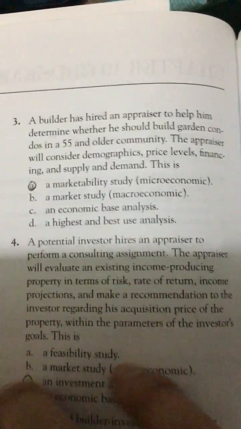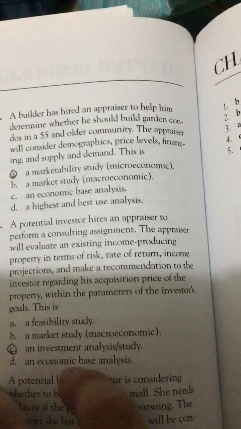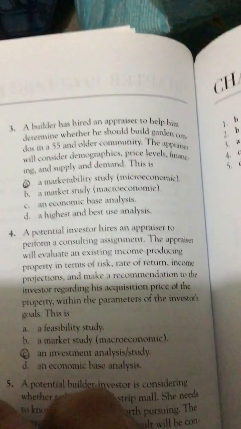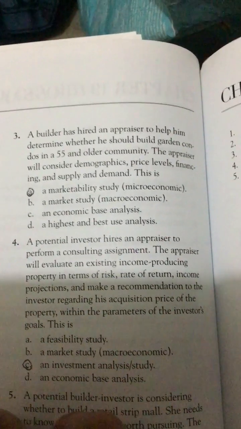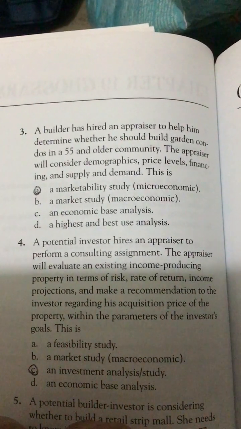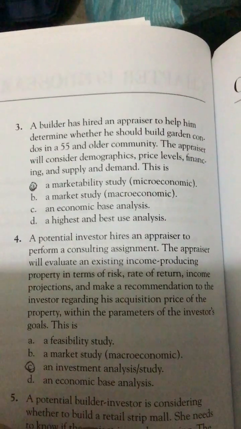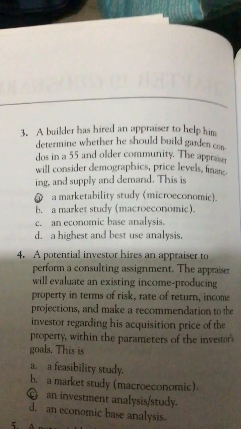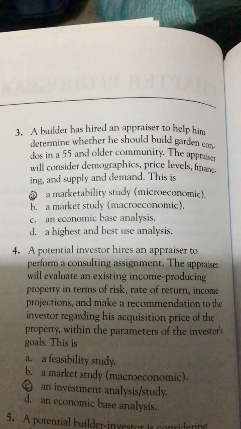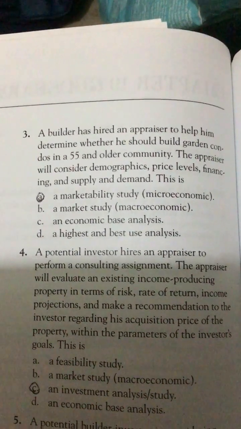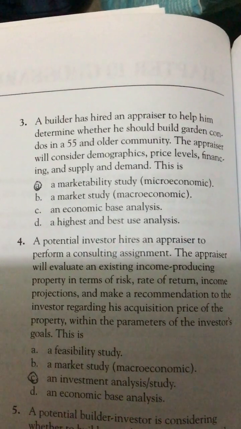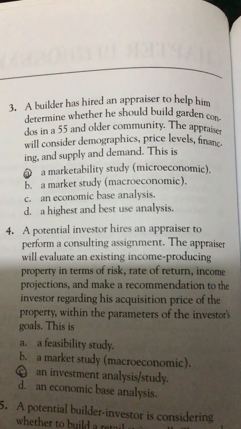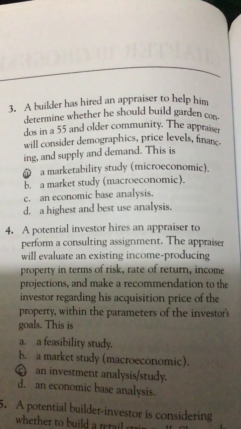Number 3, a builder has hired an appraiser to help him determine whether he should build garden condos in a 55 and older community. The appraiser will consider demographics, price levels, financing, and supply and demand. This is A, marketability study, microeconomic.